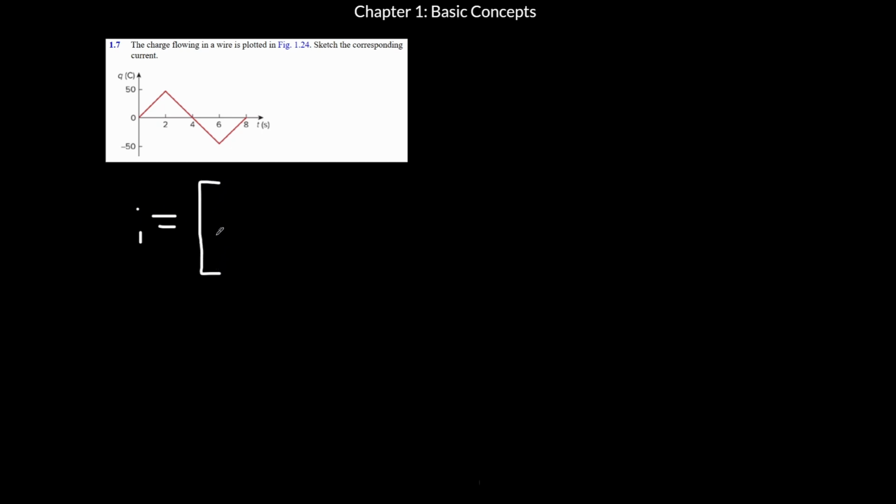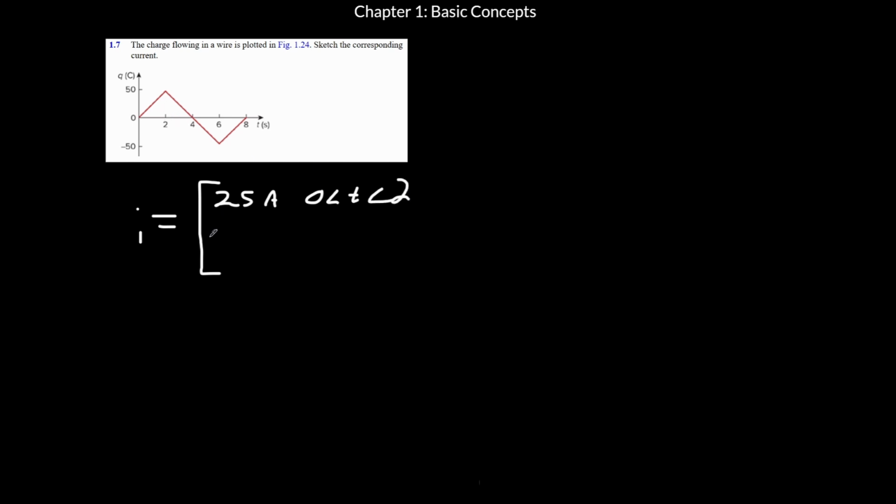as we can see here, 50 divided by 2 is just going to be 25, and then same thing here. So for this interval right here, we're going to have 25 amps, from t equals 0 to 2.